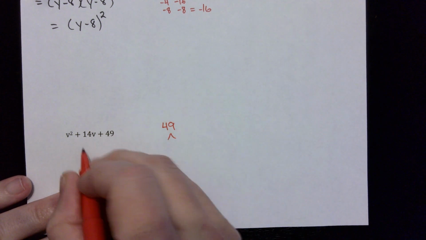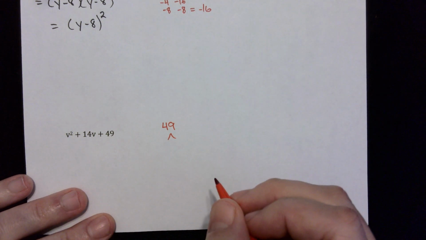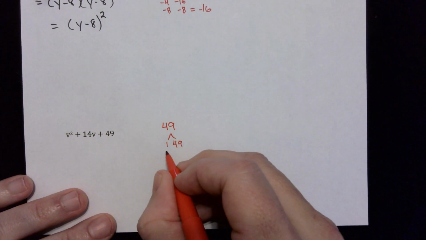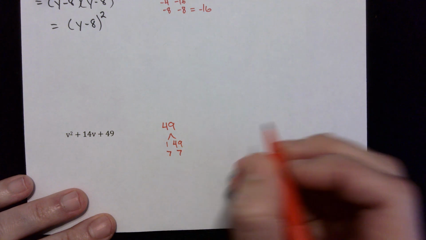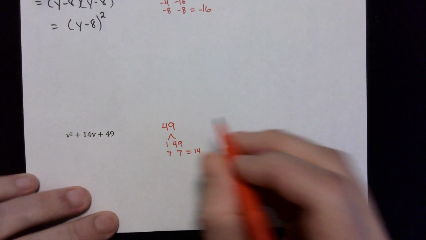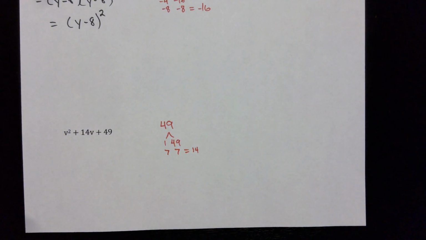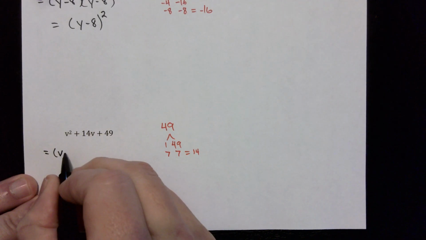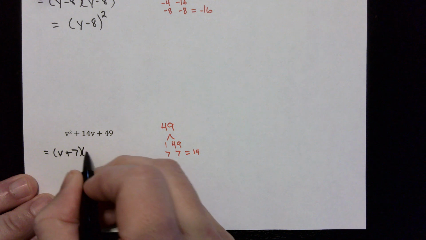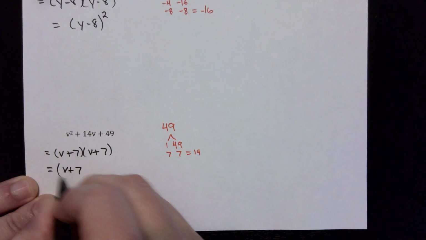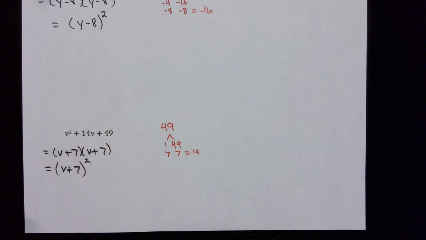Everything's positive in the problem, so I'm going to use only positive factors. 1 and 49, that gives us 50, not 14. 7 is the only other number that goes into 49, so it's got to be 7 and 7. 7 plus 7 gives us 14. 7 times 7 gives us 49. So those are the numbers we're looking for. So this will factor into v plus 7 times v plus 7, which factors into v plus 7 squared. And that is it.